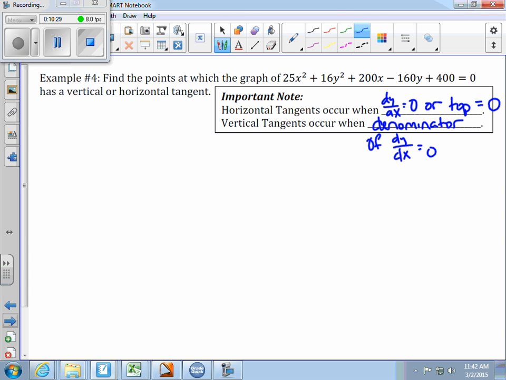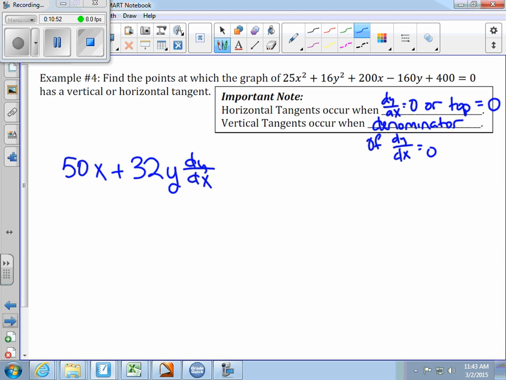So, to be able to do this, I need to find dy dx. Really quick, why is there a y and a dy dx on 16y squared?